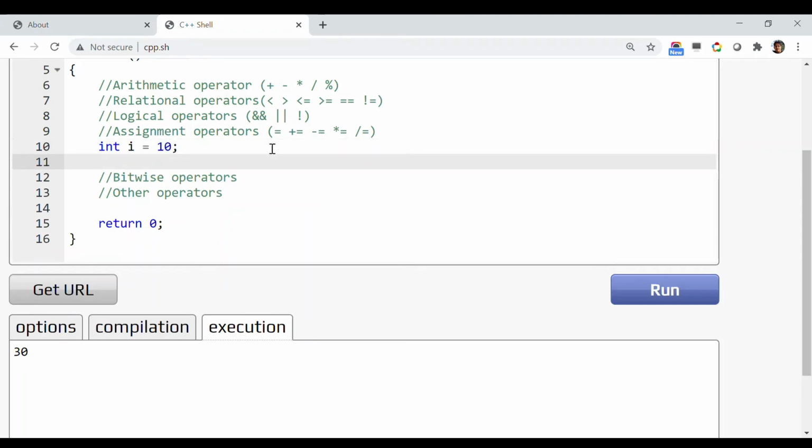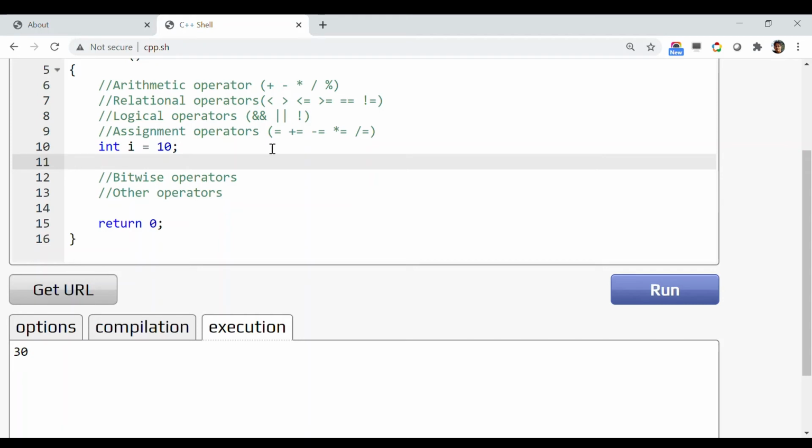Now I want to increment the value of I by 30 and then again assign it inside I. So what can I do?